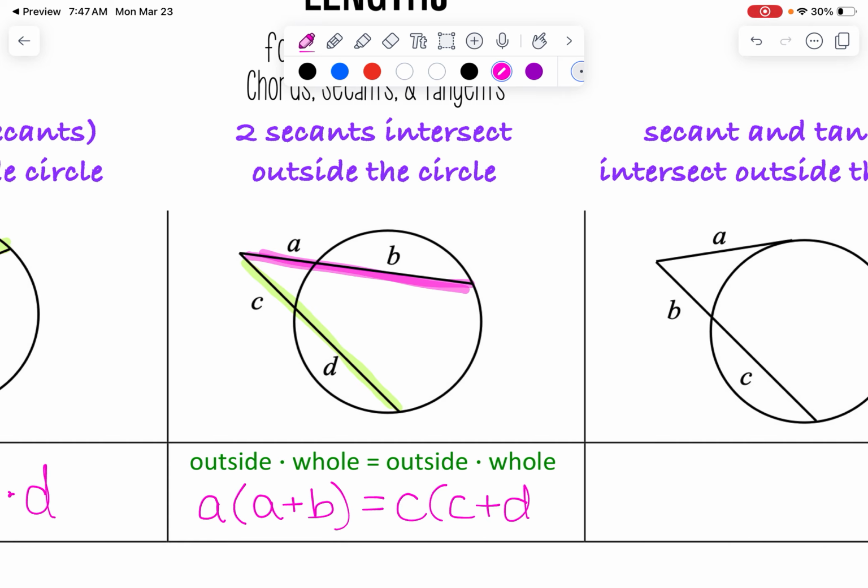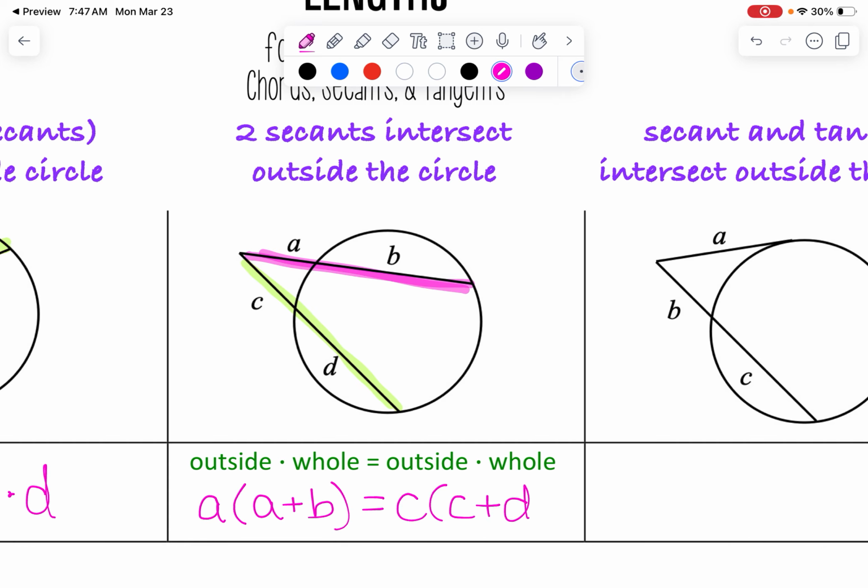And then sometimes you have a secant and a tangent that intersect outside rather than two secants. We've got our tangent right here, and then we have the secant right here. If that happens, we take the outside times the whole for the secant.